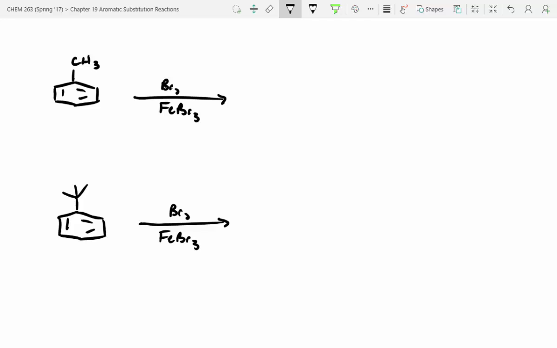Which position's most likely going to get brominated, ortho or para? More para? Why do you think more para? Sterics. Sterics, all right. Hence the title of the slide. Can't get that one back. So we know that this one's going to be major.